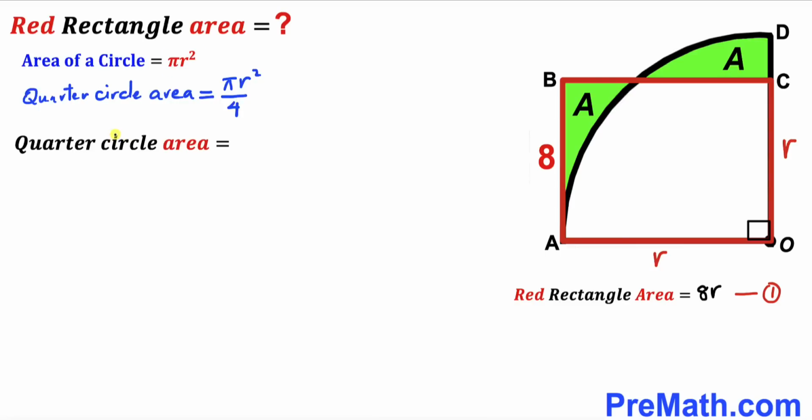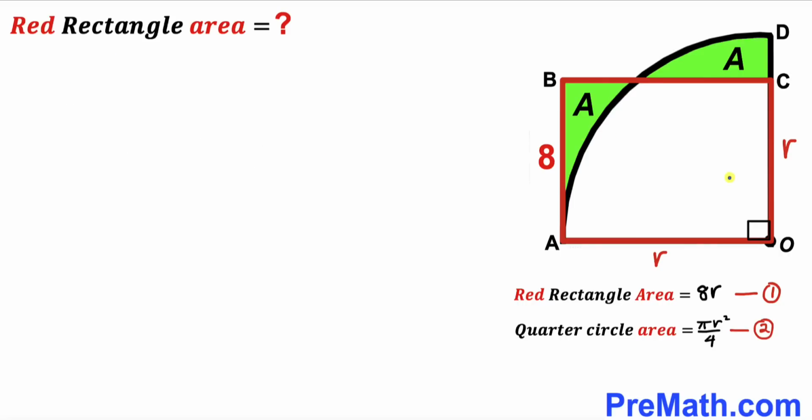Therefore, the area of this given quarter circle is simply pi r squared divided by 4. I'm going to label this as equation number 2.